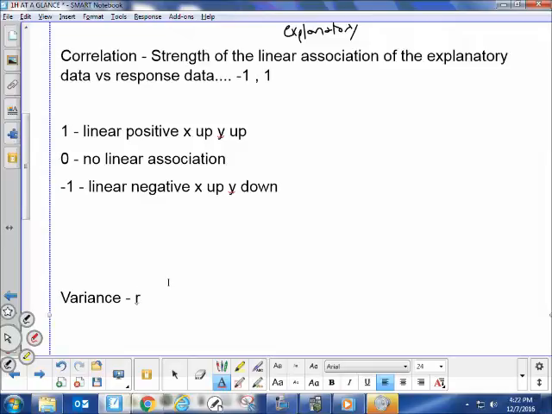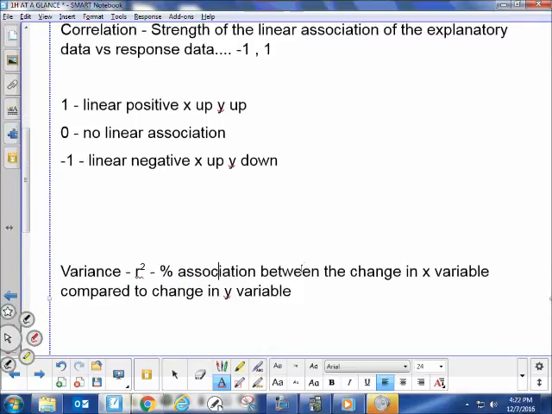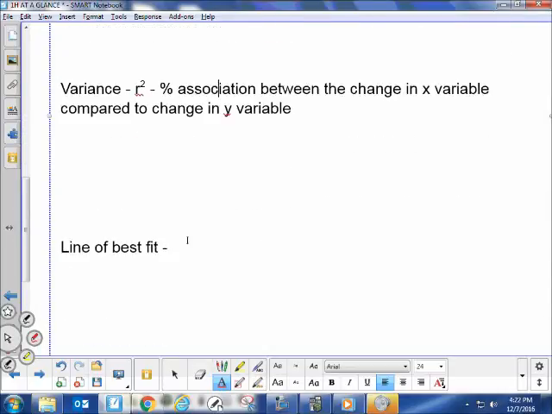Variance is your R squared. Now, variance tells you the percent association between the change in your x variable compared to the change in your y variable. This is just a statement that you need to know: R squared gives you a percent association between your x's and your y's.